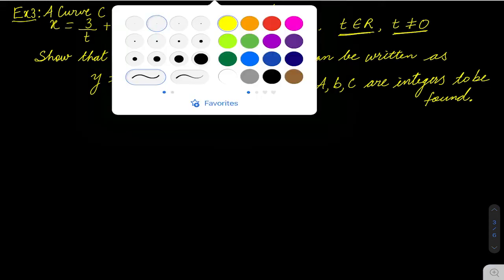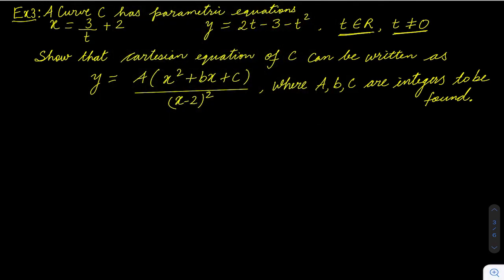Okay. So now again the same question. We have a parametric equation. We have to convert it into a Cartesian one. So let's see the first equation. The first equation is x equal to 3 over t plus 2. I will try to find the t value from this. If I take this 2 to the left side, I will get x minus 2 equals 3 over t.